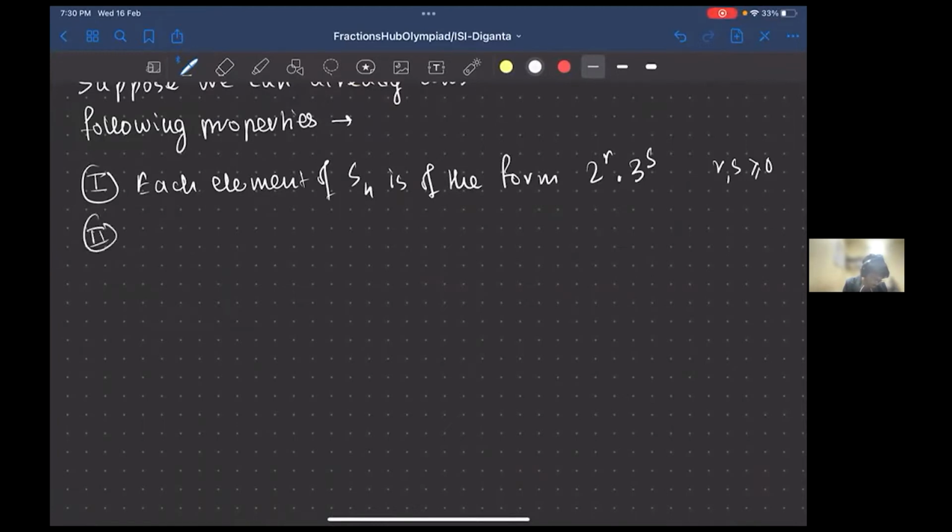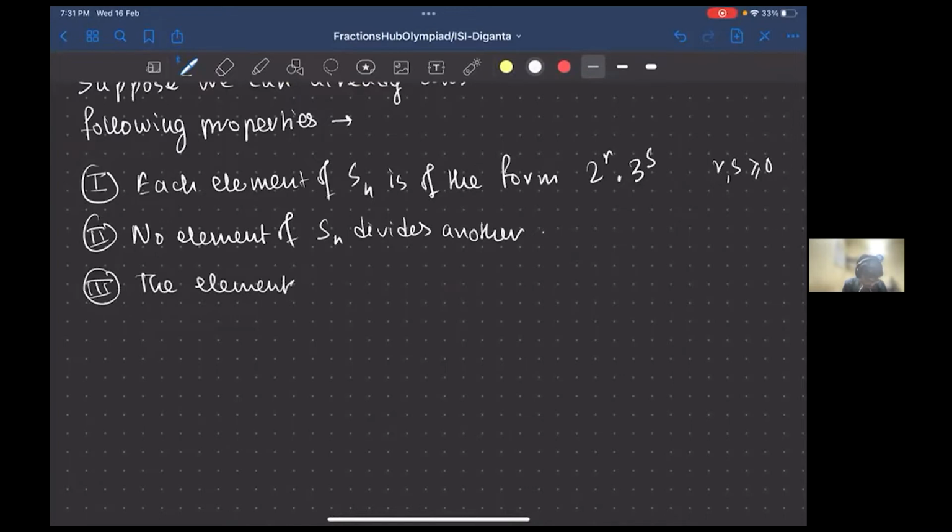Two, no element of Sn divides another. Three, the elements of Sn add up to n, right?